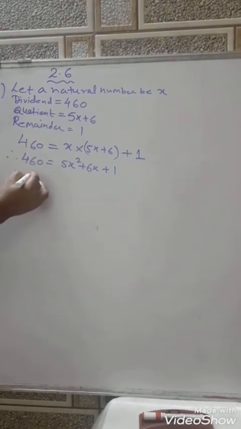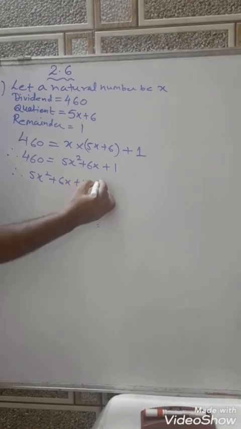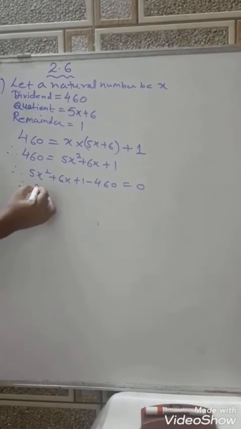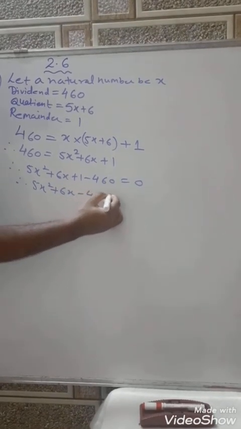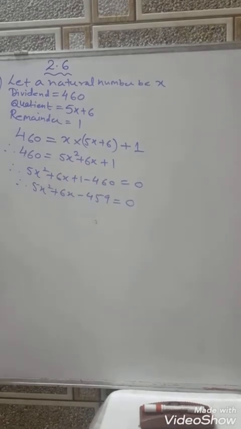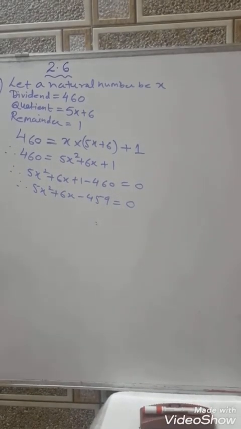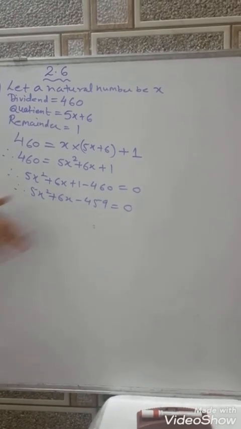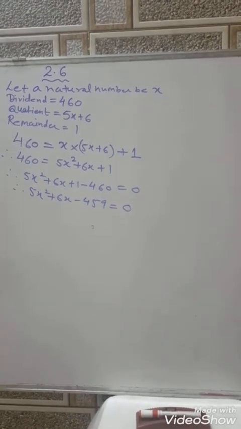Shift that side. So 5x square plus 6x plus 1 minus 460 equals 0. So 5x square plus 6x minus 459 equals 0. Now 459 is multiplied with 5, so you can't get the factorization here. It's not possible to factorize such a number.